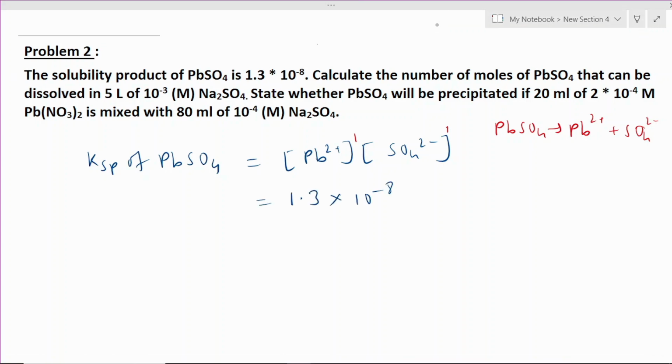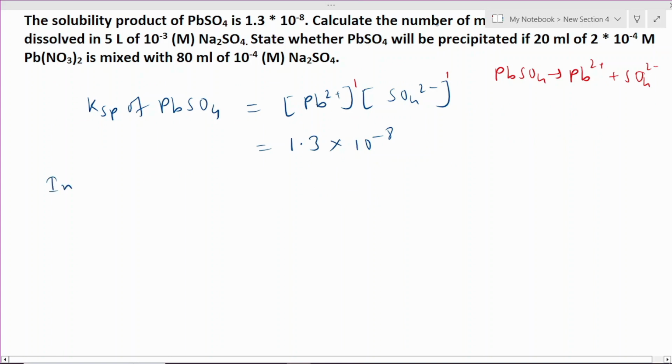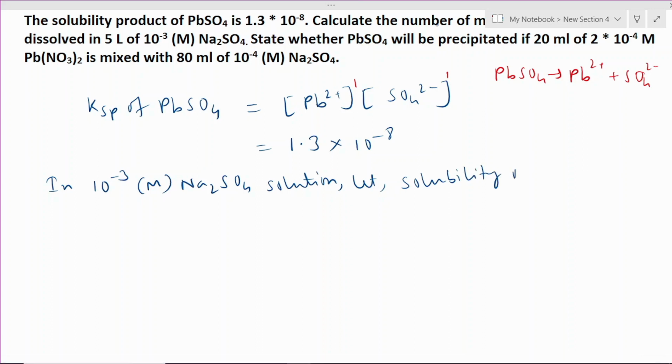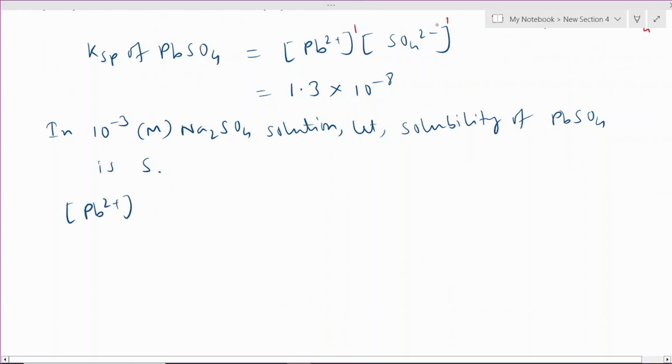Now in 10 to the power minus 3 molar sodium sulfate solution, let the solubility of lead sulfate be S, because in both sodium sulfate and lead sulfate, sulfate ion is the common ion, so concentration of Pb2+ will be S and concentration of sulfate ion will be S plus 10 to the power minus 3.